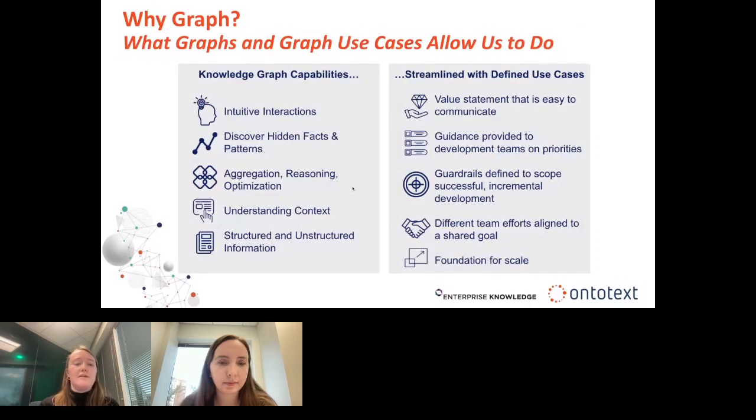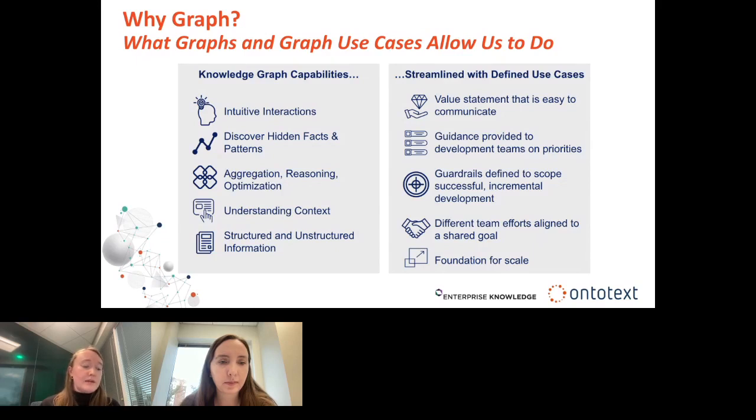So we know this, and this is something I'm sure you're hearing a lot today too. But graphs allow for that strong understanding of context and relationships. So how your content fits together amongst those various siloed sources becomes a little bit more clear. They also allow us to store information in a way that we may speak or write in terms of human language.